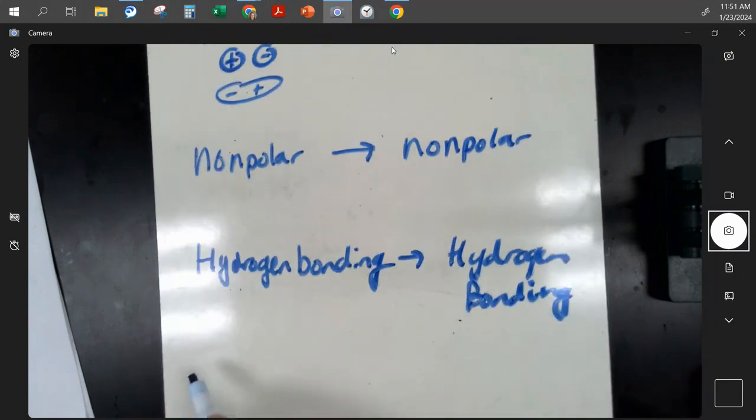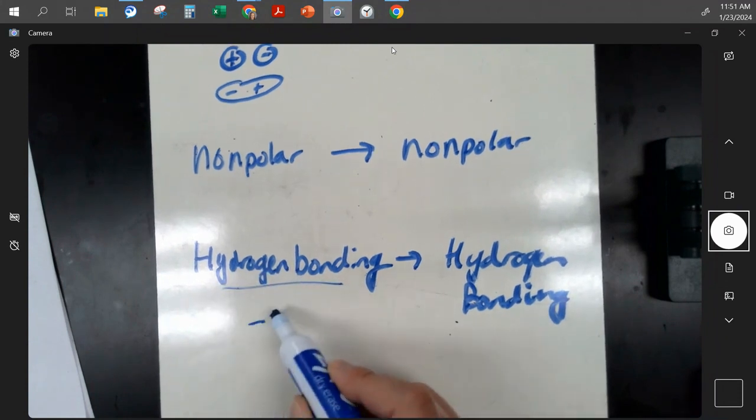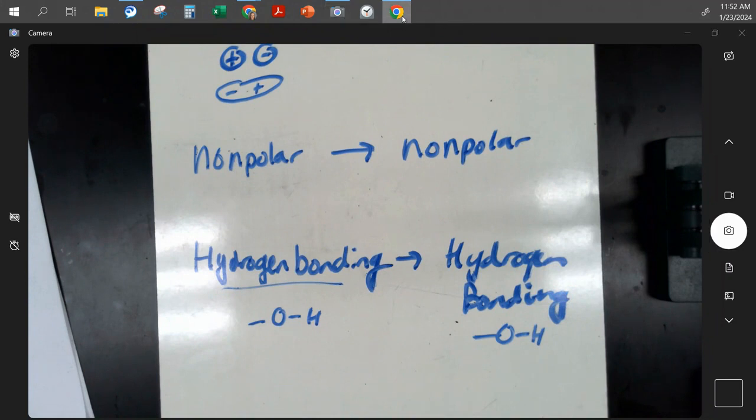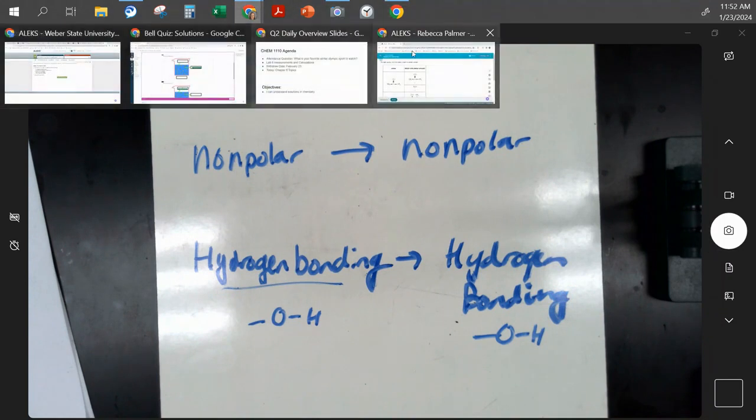When we're looking at hydrogen bonding, the easiest way to see is if we're looking for OH bonds. So if you can find an OH bond, you're going to want to pick a solvent that also has OH bonds. That's a quick tip. Hydroxide dissolves hydroxide.